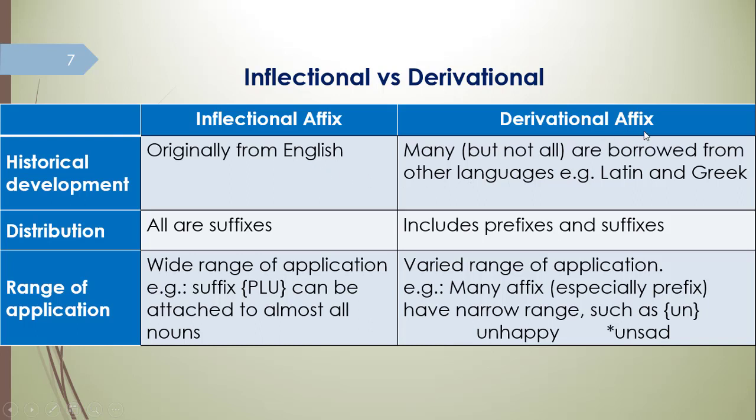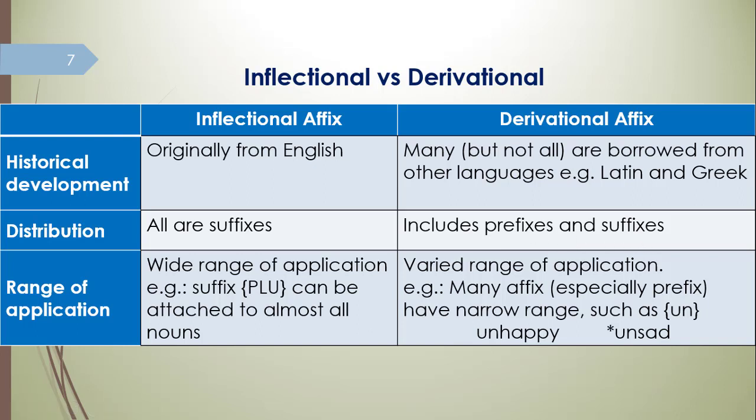However, derivational affixes, many but not all of them, are borrowed from other languages such as Latin and Greek. For the distribution, all inflectional affixes are suffixes. Semuanya pasti akhiran. However, derivational affixes include prefixes and suffixes.